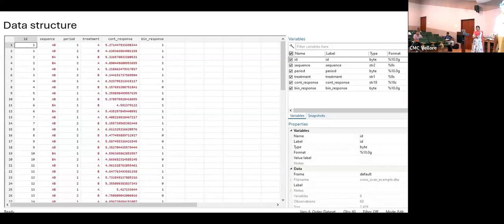But if we don't measure this, we would say the effect of this is this, and the effect of this is this. So you are looking at differences that assume no carryover effect.